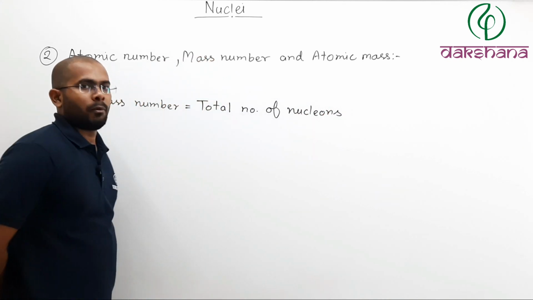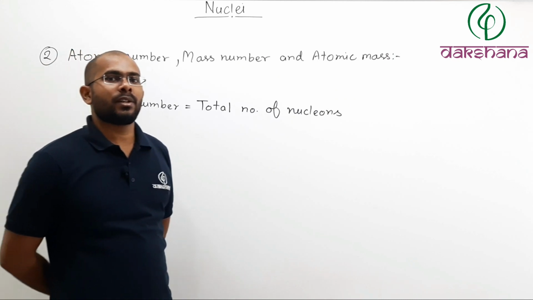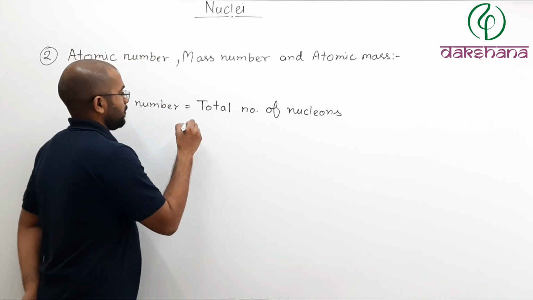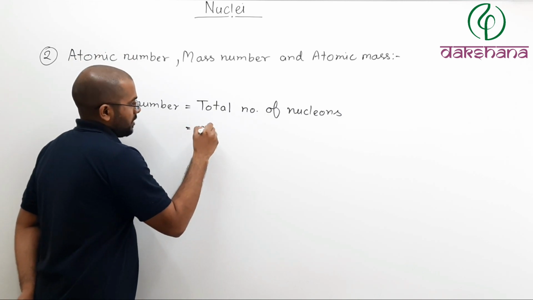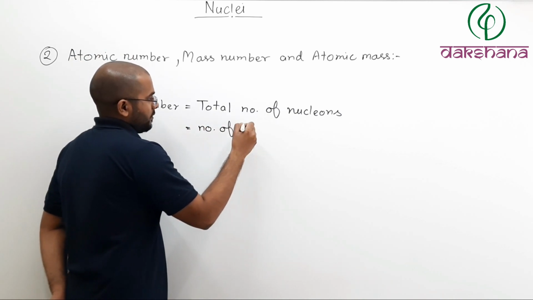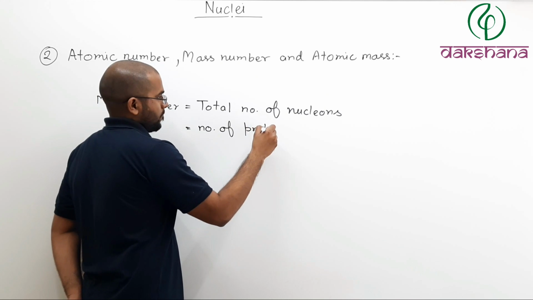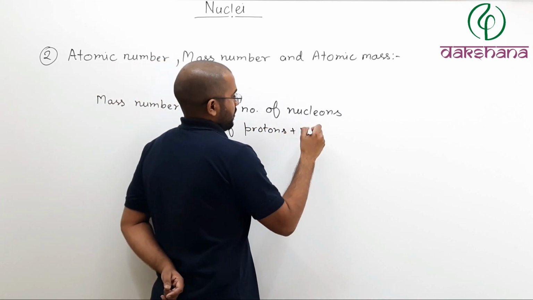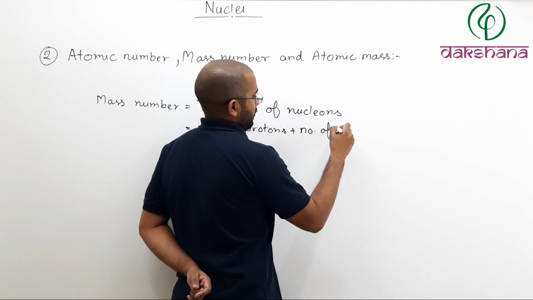Now, what are nucleons? Protons and neutrons are collectively called nucleons. Meaning, mass number is the number of protons plus the number of neutrons.